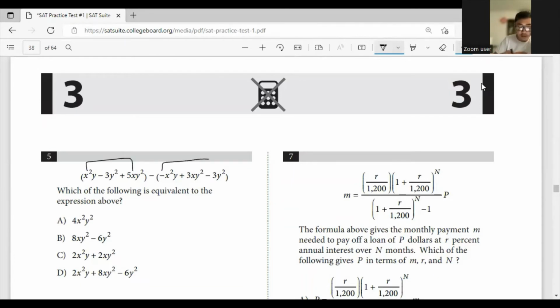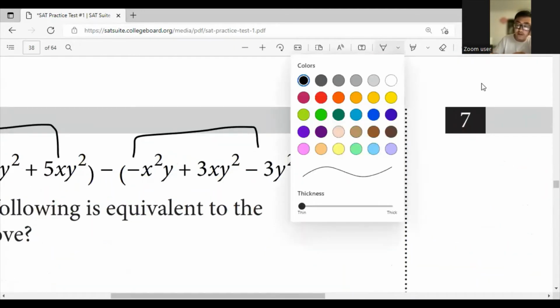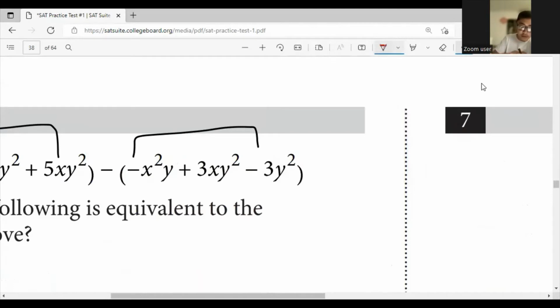So here's a little trick: when you're subtracting something, all you can do is just distribute this negative inside. So now this will be a plus, this will be a minus, this will be a plus. All right, cool. Now I just combine like terms.